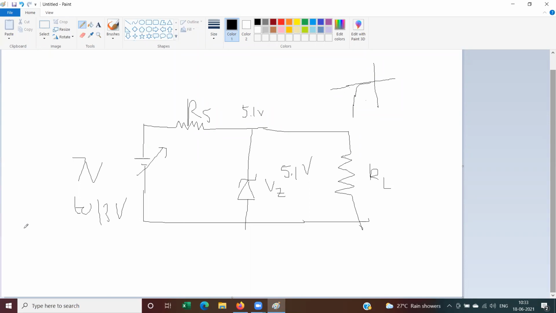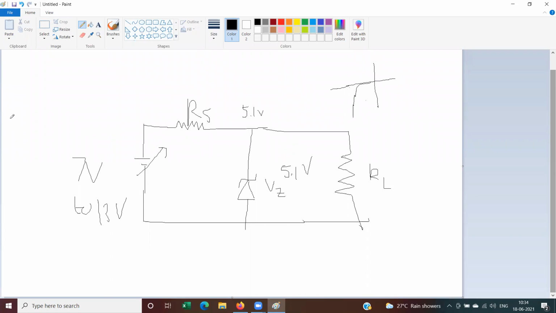And you can connect this in a way as shown in the figure. Till this point, is it okay? Yes, sir. Okay. So how will this circuit work?